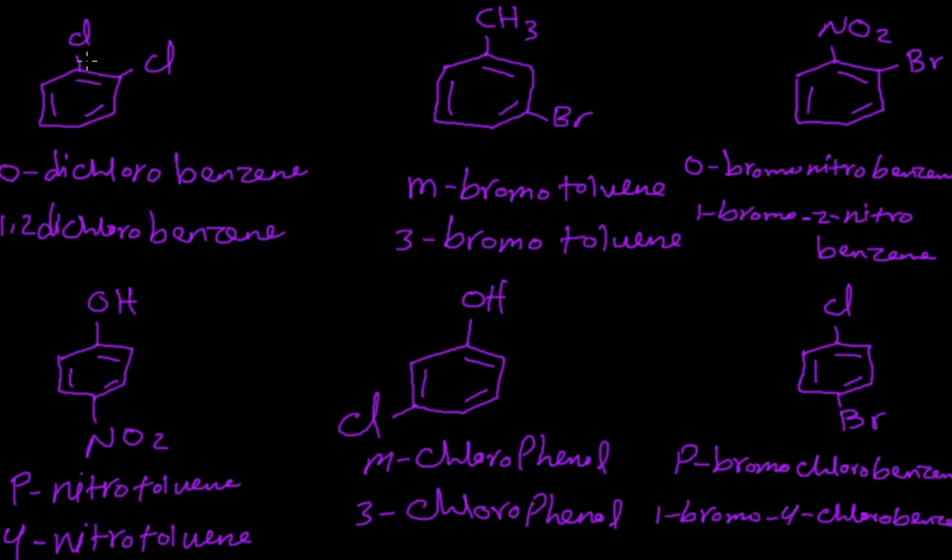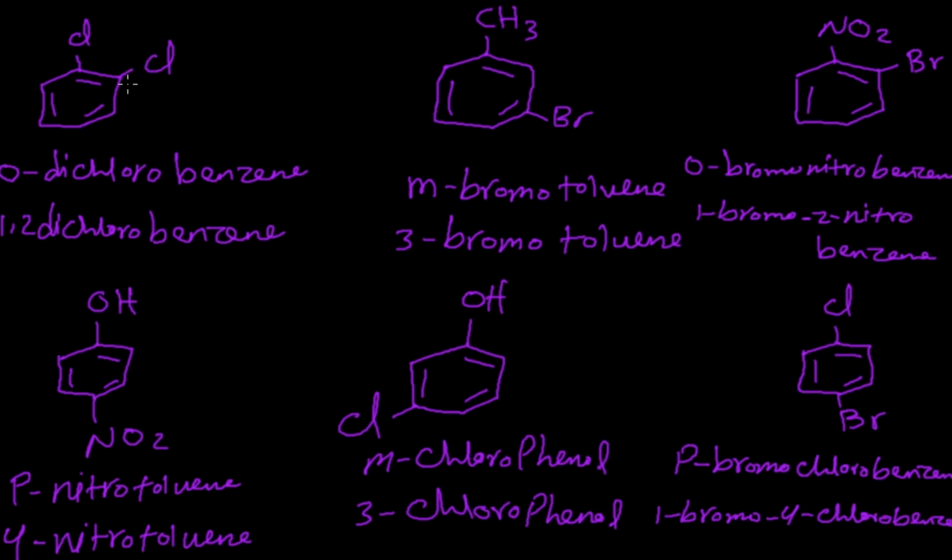If we substitute two positions, two hydrogens of the benzene, with two substituents, for example chlorine atoms, we get orthodichlorobenzene.